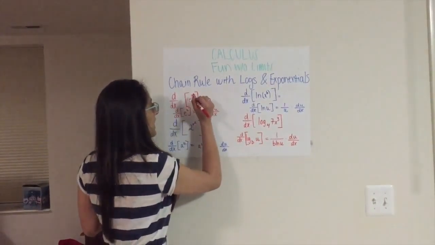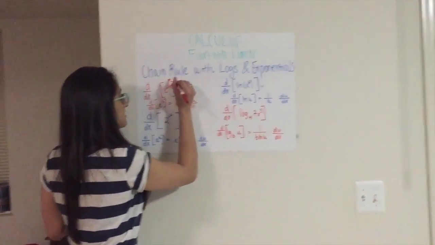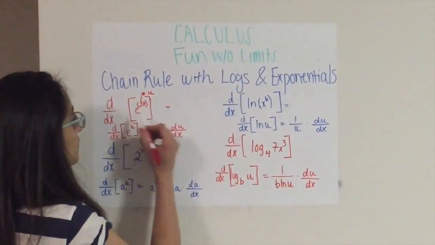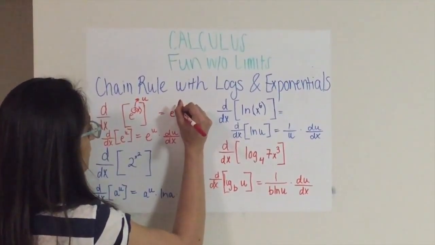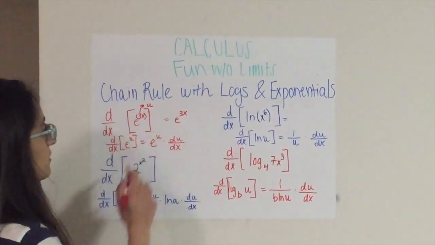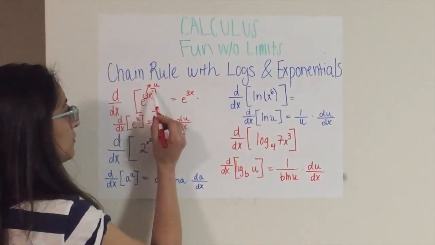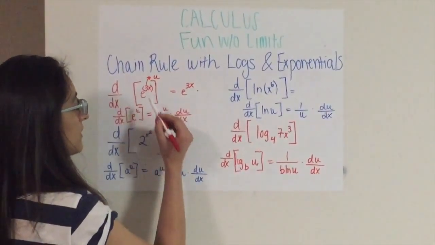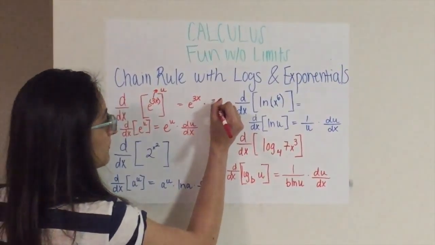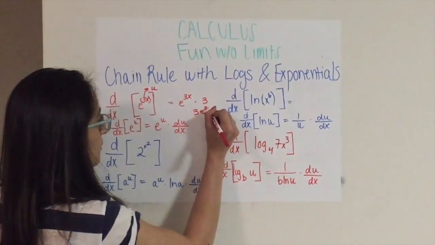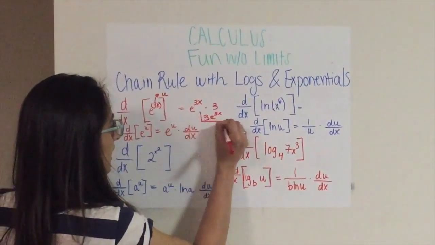So our 3x is going to serve as u. First, write out the original problem, which is e to the 3x, and then take the derivative of u, which is your 3x. The derivative of 3x is 3. So your final answer for this problem would be 3e to the 3x.